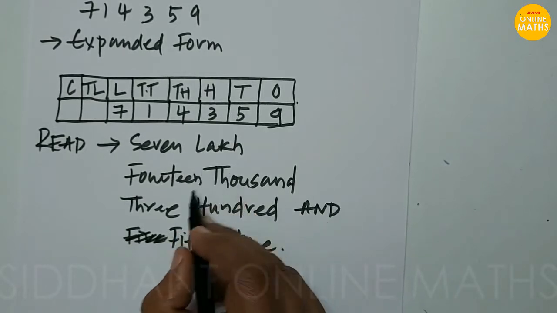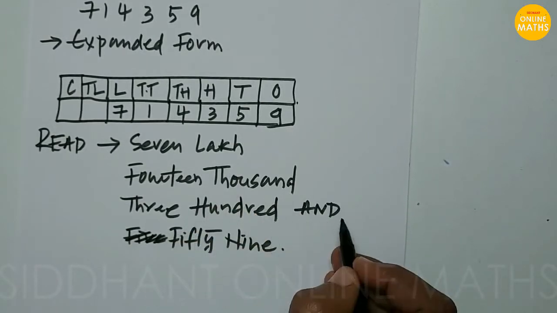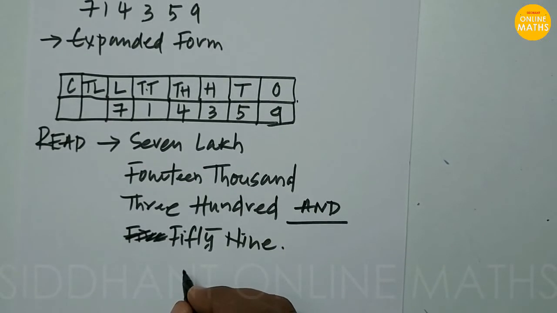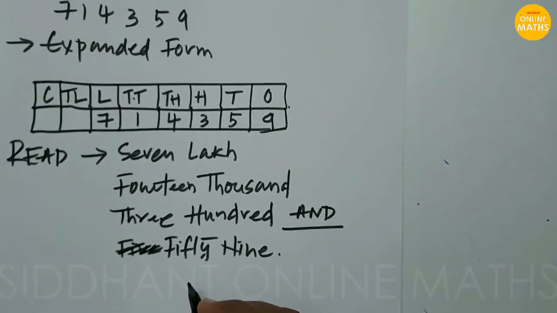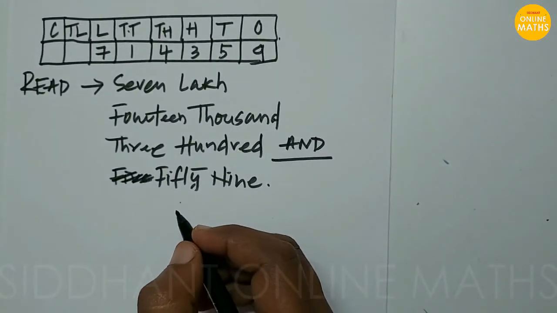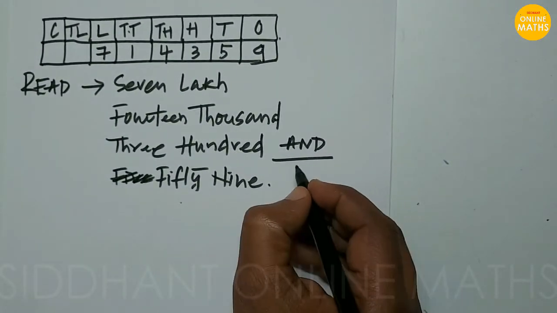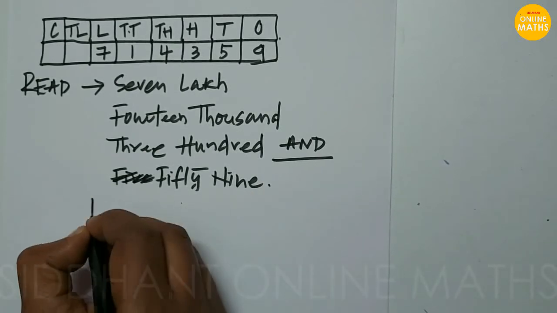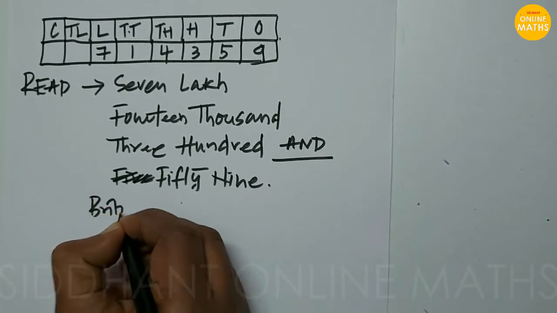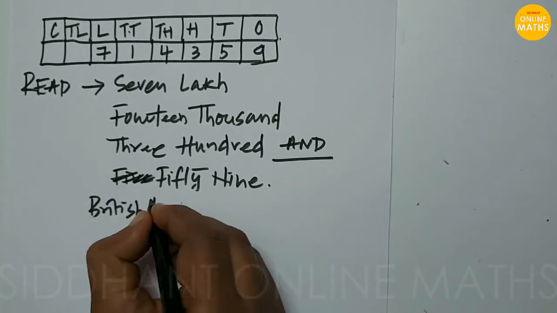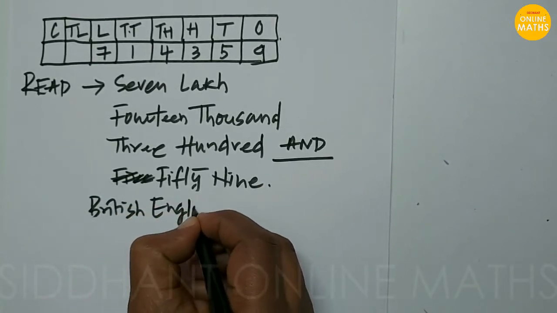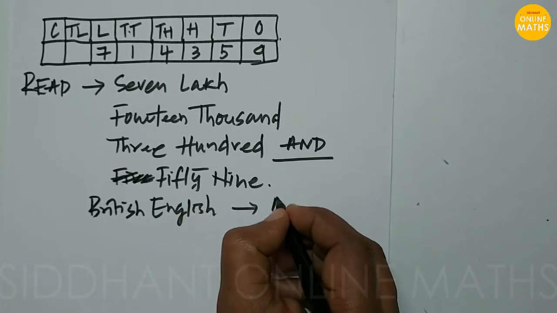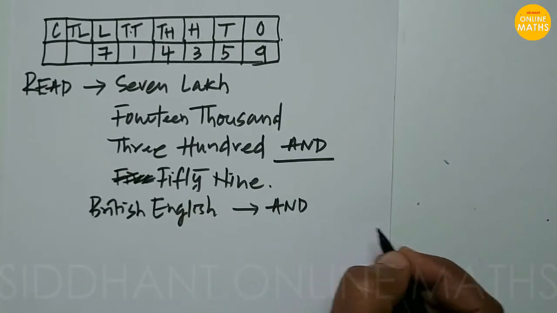7,14,359. Now where are we going to use this 'and'? In British English, you are going to add the word 'and'.